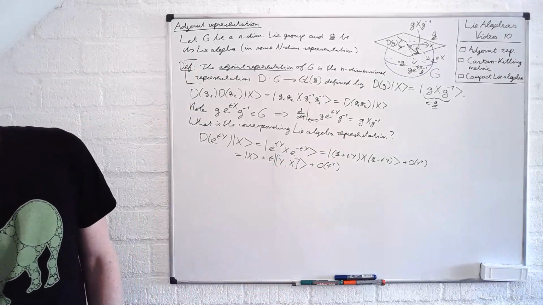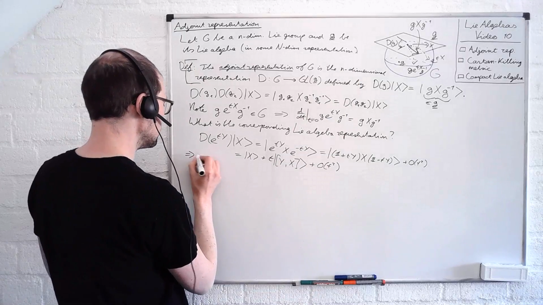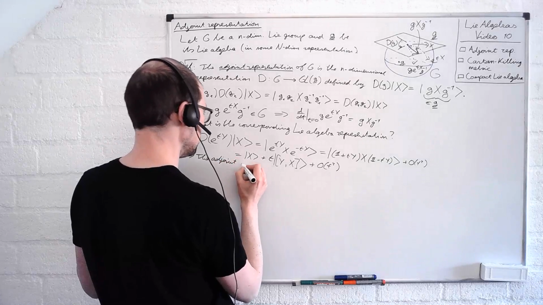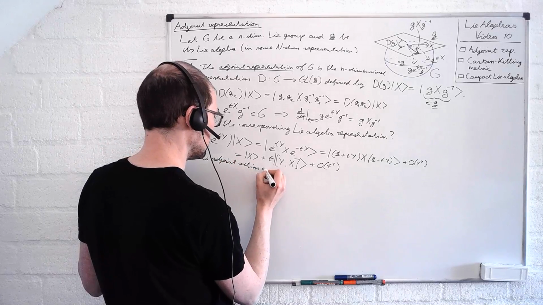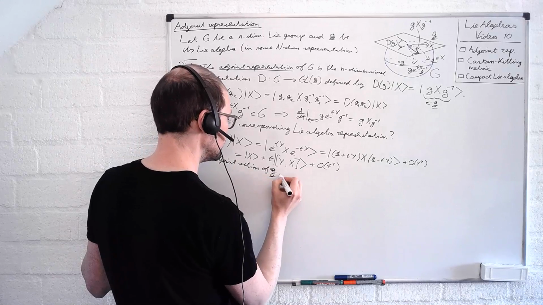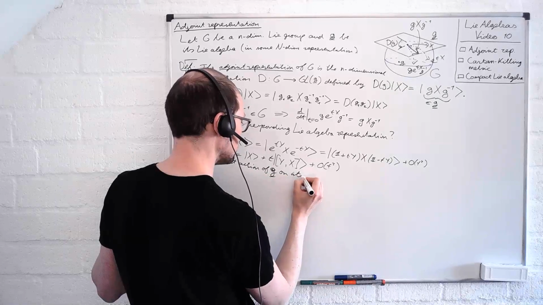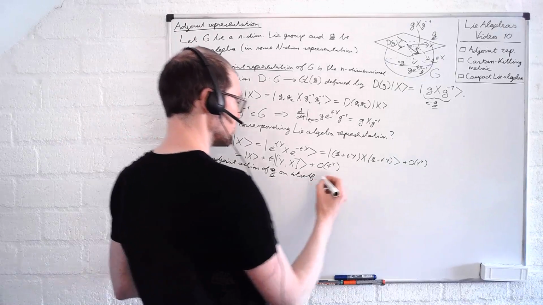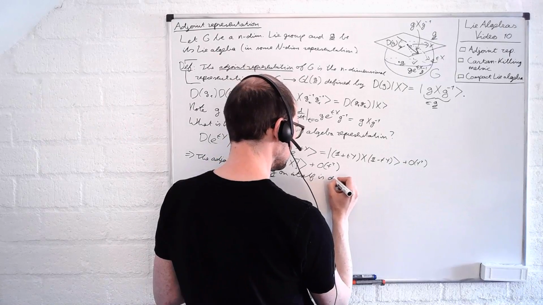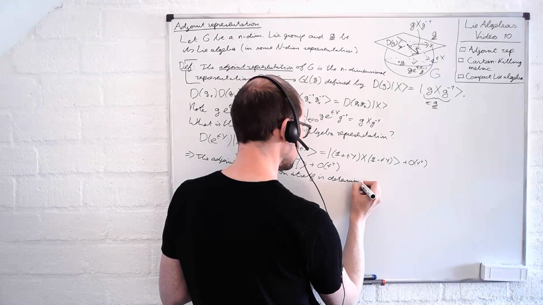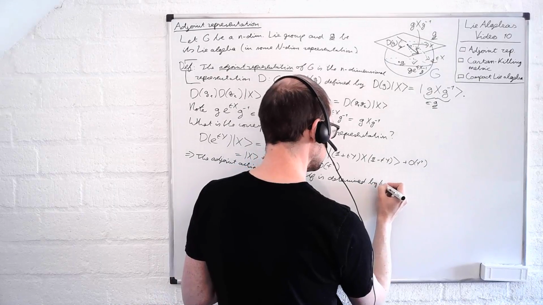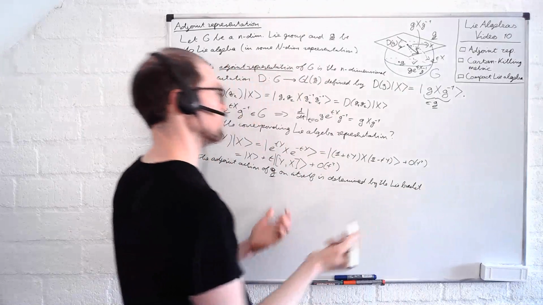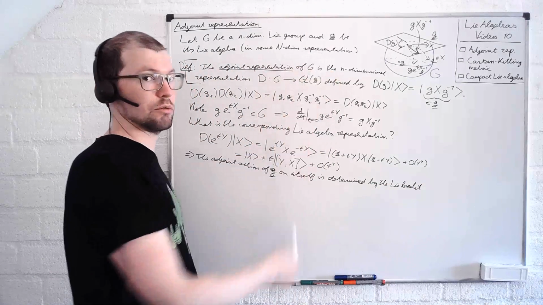Okay, so we conclude that the adjoint action of G on itself, the adjoint representation of G on itself, is determined by just the Lie bracket, or if you like the commutator if we're working just with matrices.